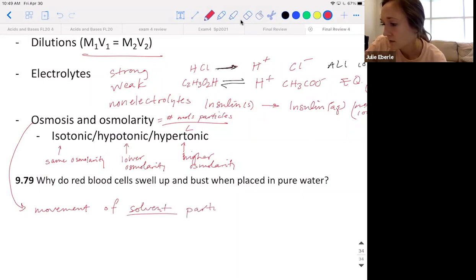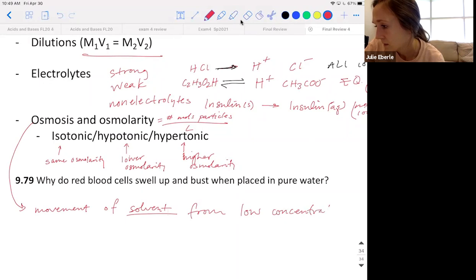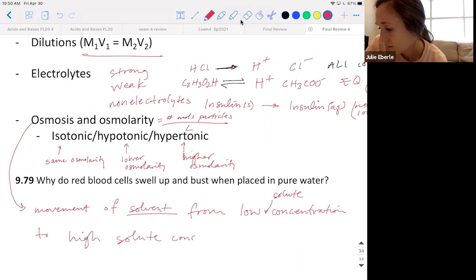It's the movement of solvent from an area of low solute concentration to an area of high solute concentration. It's always working to dilute something that is highly concentrated.